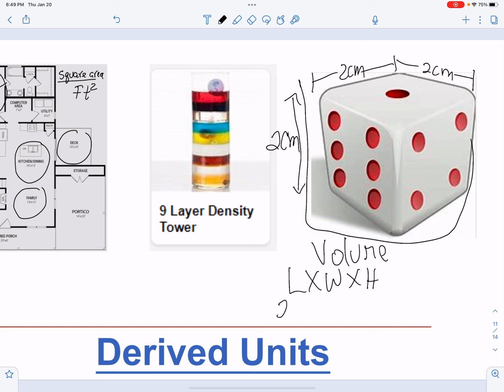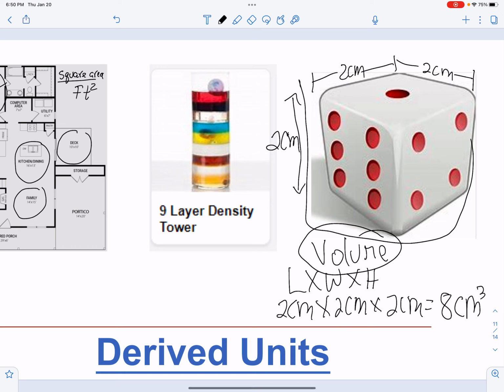In this case, 2 centimeters times 2 centimeters times 2 centimeters, which equals 8 cubic centimeters. So this is a derived unit, volume, because you use 1, 2, 3 units. You use more than 1 unit to get to it.